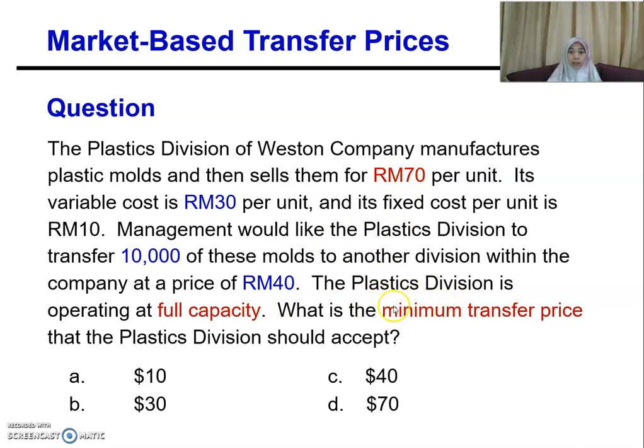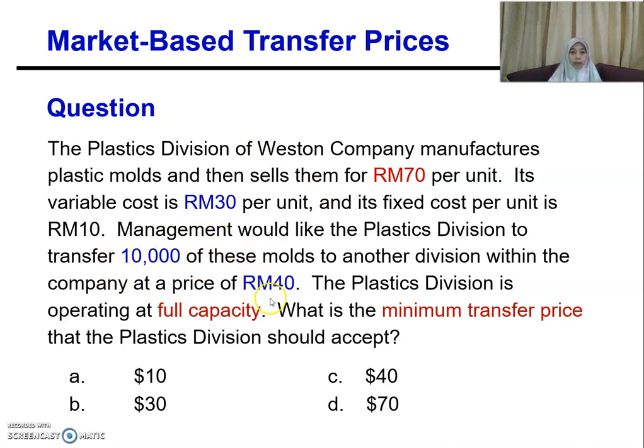So the plastics division is operating at full capacity. That means the selling division is operating at full capacity. What is the minimum transfer price? The minimum transfer price that the plastics division should accept, if you base your transfer price on the market: what do you think the transfer price would be?